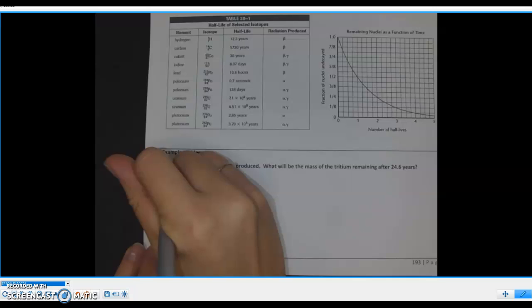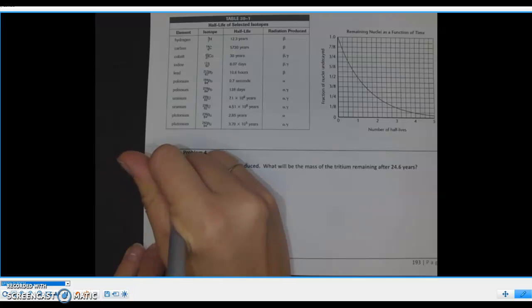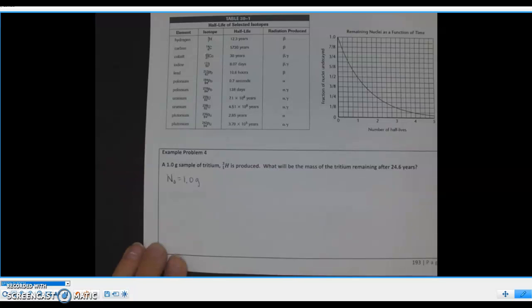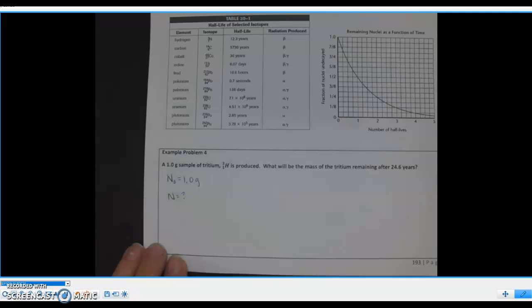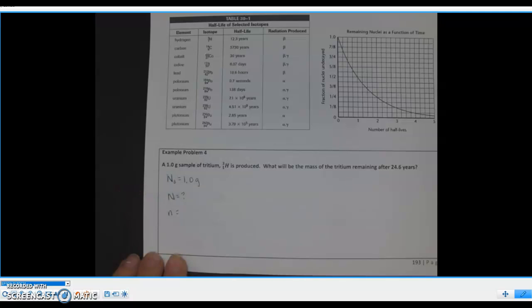So that's what we're starting with, 1 gram. That's our original amount. Okay, let's add that so we know that the original amount is 1 gram. What will be the mass of the tritium remaining after 24.6 years? So we want to know what we're going to end with.